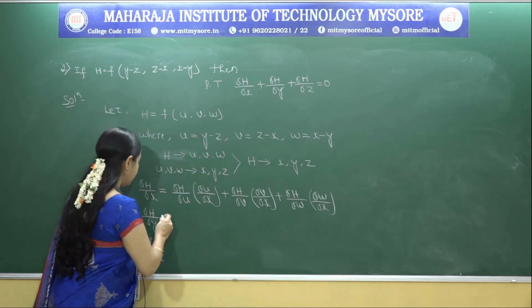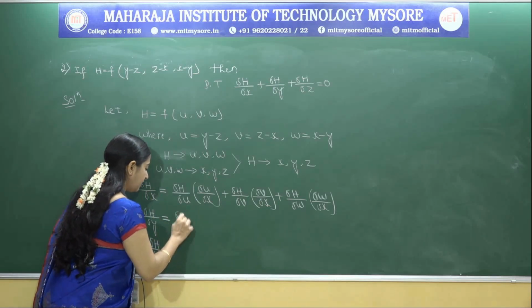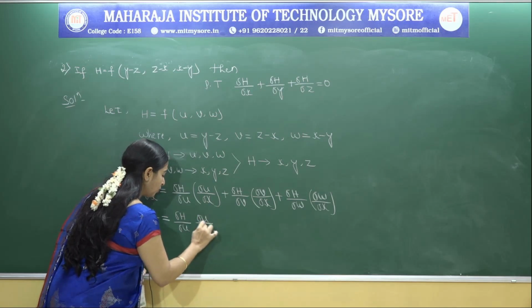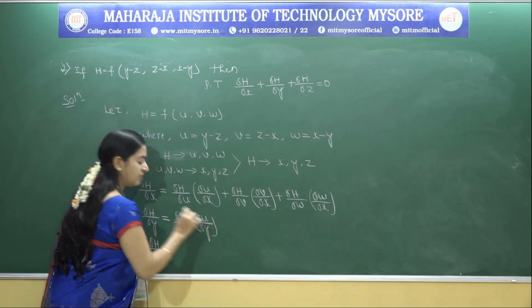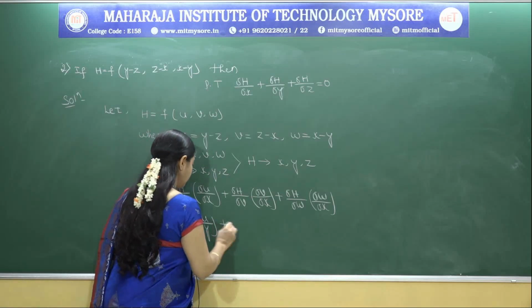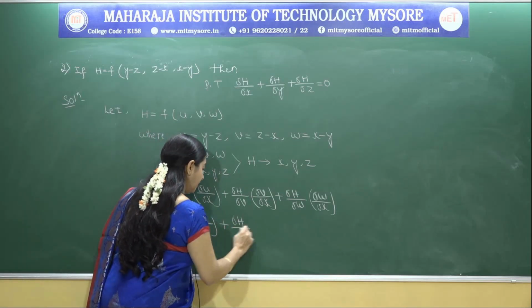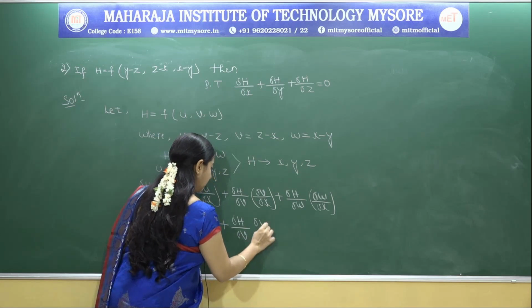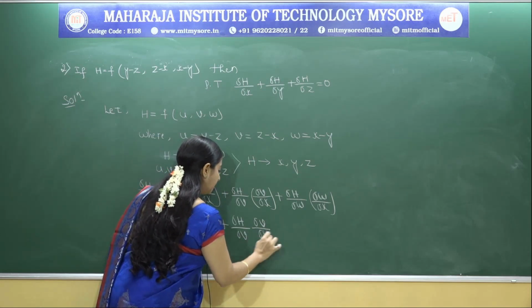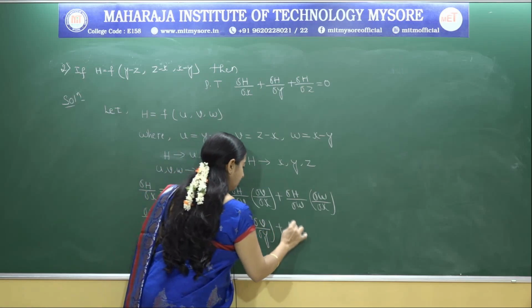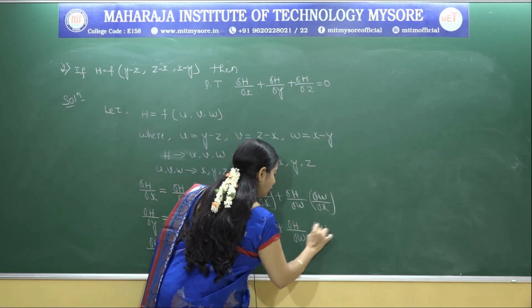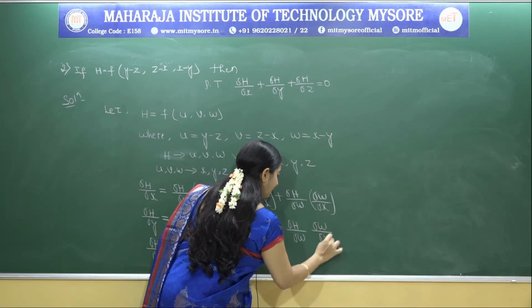Similarly, construct the second formula: del h by del u with respect to y. Second term, del h divided by del v into del v divided by del y. Then del h by del w into del w divided by del y.